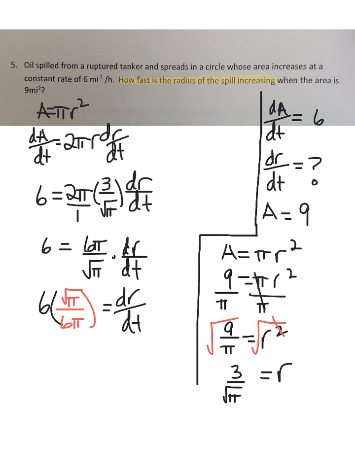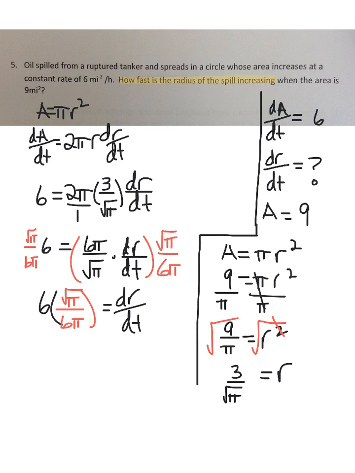So I basically multiplied both sides by this, and then I did it over here. Radical pi over 6 pi. That's how I got from here to here.